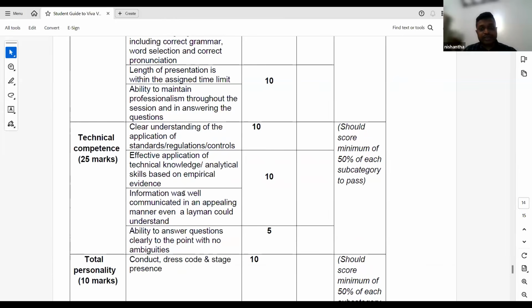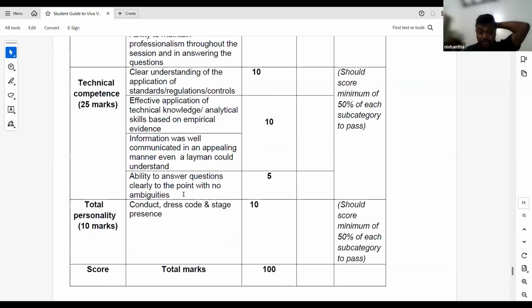Gain technical competence, clear understanding of the application standard and applicable regulation, and total personality, conduct, dress code and stage presence. Don't go casually, children, wearing just a shirt and denim. There should be proper office attire and a pleasant look, and comb your hair and go looking nice.